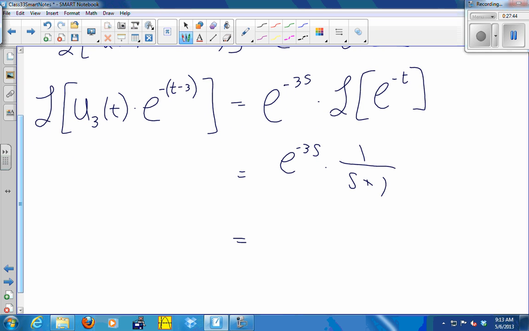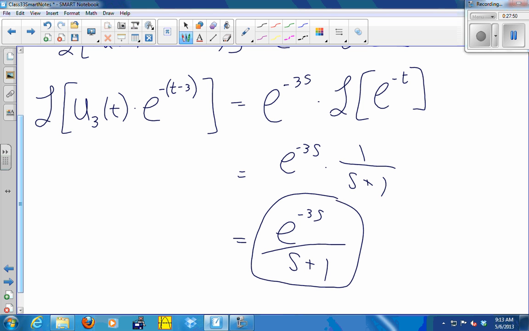And so we just multiply these, and we have e to the negative 3s over s plus 1. Yeah, it just makes the thing that you're taking the Laplace transform of easier.